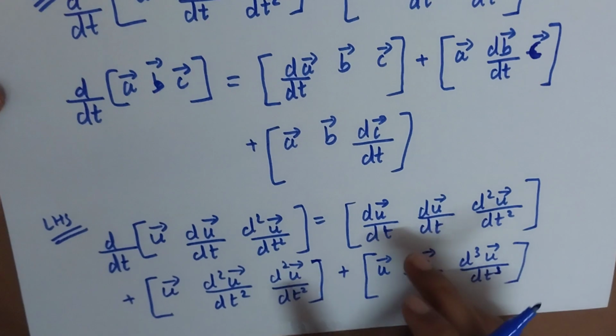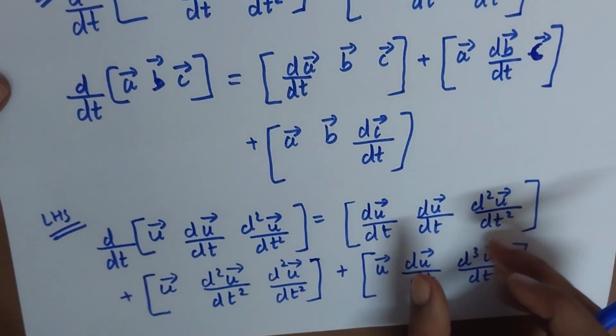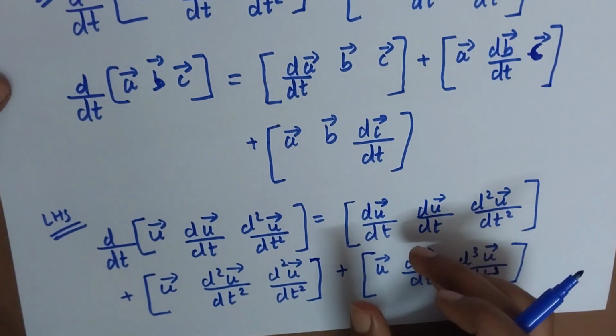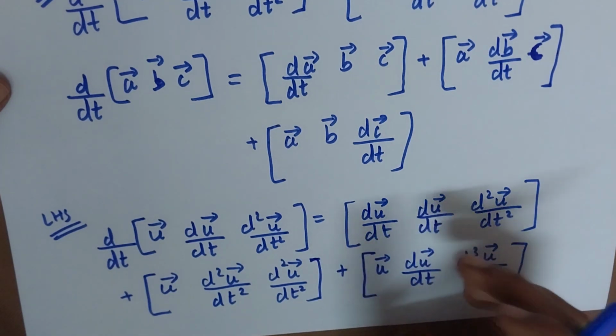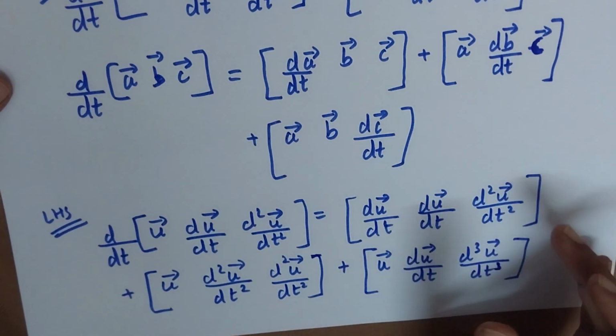Now if you check, these two terms will be 0. Why? Because in the box product, two vectors are the same. If in the box product two vectors are the same, then the answer will be 0. So those terms will be 0.